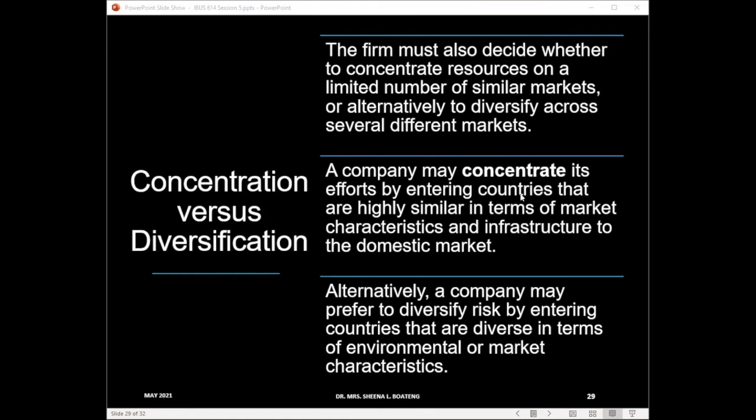So a company may concentrate its efforts by entering countries that are highly similar in terms of market characteristics. And like Pete said, these developing markets that the Indians sell to are highly similar in terms of market characteristics when we consider the economic situation and the purchasing power and the ability to afford these expensive pharmaceutical products.